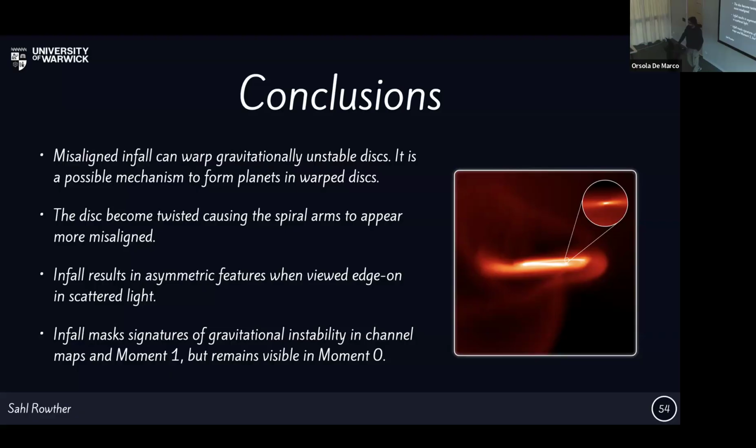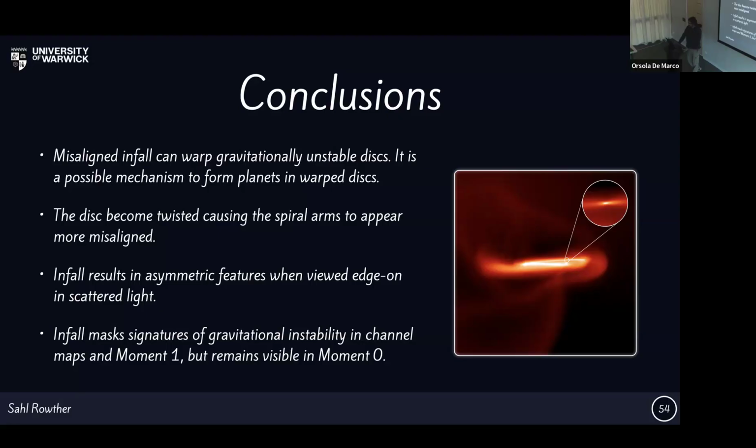The impact of infall on gravitational instability is that it causes the arms to become more misaligned than they initially were, because the disk is quite a bit twisted. So in certain views, it looks more misaligned than in other views.